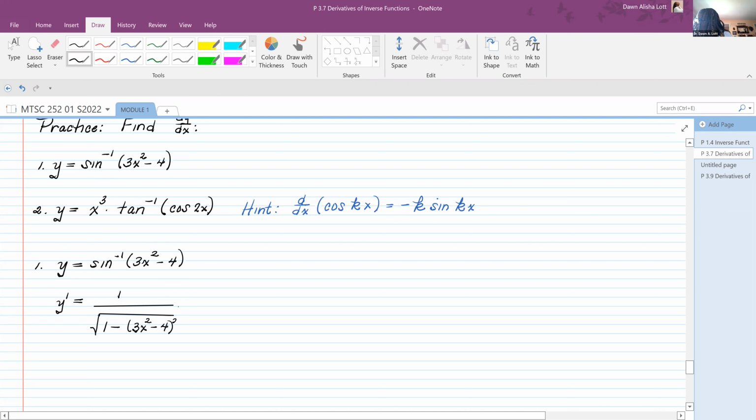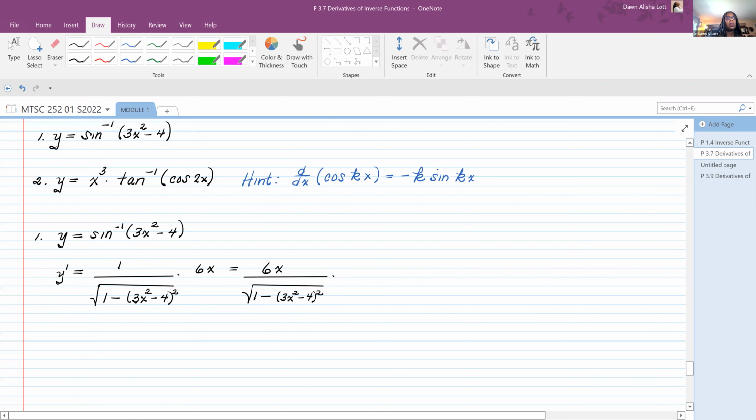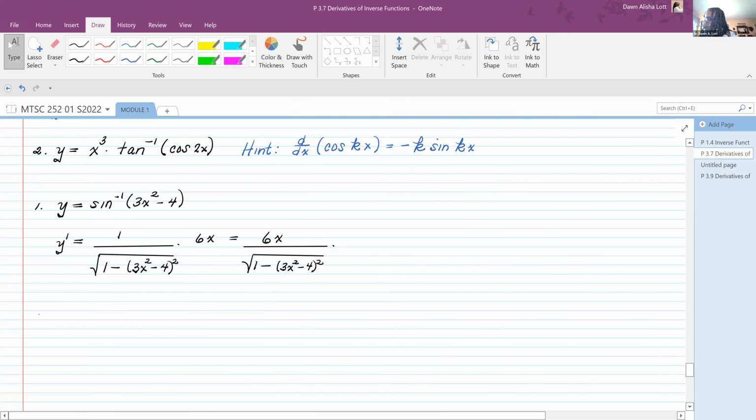And then he multiplied by the derivative of 3x squared minus 4 and got 6x. So his answer is completely correct. It is 6x divided by the square root of 1 minus 3x squared minus 4 quantity squared. Very nice, very nice. Number two.